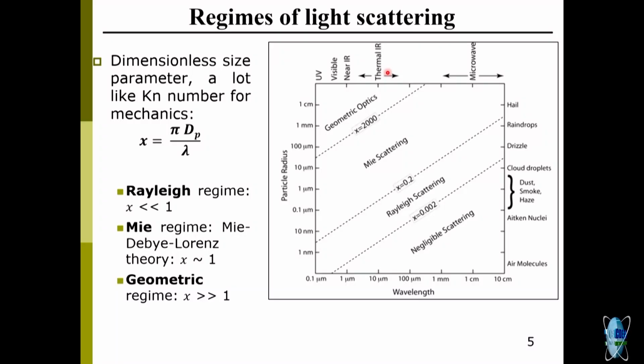All gas molecules are in the Rayleigh regime, right. And then you are going to larger particles vis-a-vis the wavelength of radiation, and that is the Mie scattering regime, which is the intermediate regime, if you would. And then the geometric regime is what we are used to from our original introduction to optics, where you have geometric optics, where the size parameter is much larger than 1, of the order of hundreds to thousands.